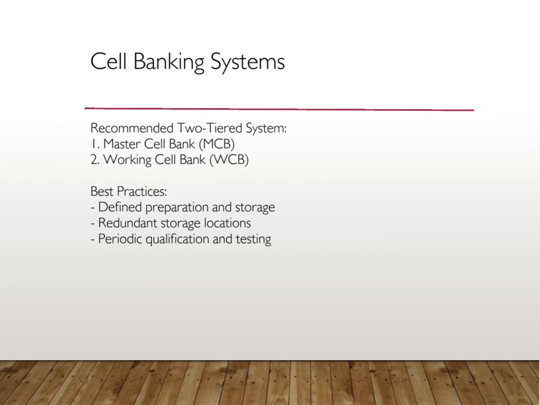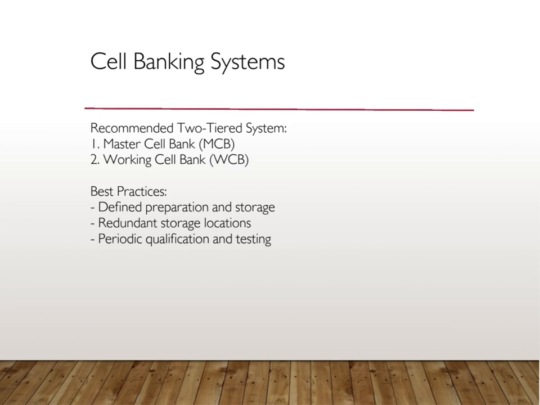One of the core concepts in Q5D is the two-tier cell banking system. We have the Master Cell Bank, or MCB, the main, fully characterized stock derived from the initial clone. The Working Cell Bank, or WCB, is produced from the MCB and used directly for manufacturing. This structure ensures consistency between batches and generations.